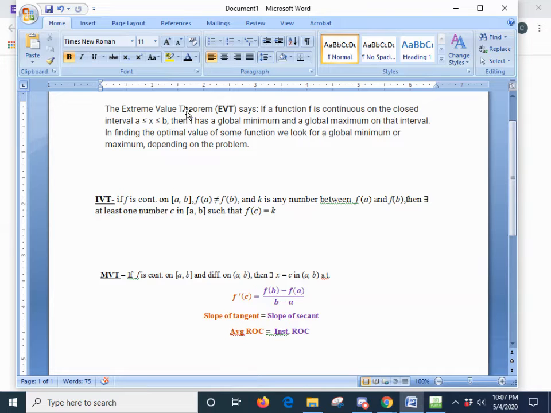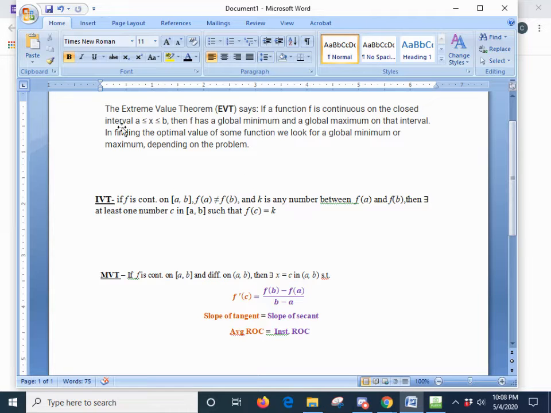The extreme value theorem says if a function is continuous on the closed interval a to b, then f has a global, and that's the same as absolute minimum, and a global maximum on that interval. In finding the optimal value of some function, we look for a global minimum or maximum depending on the problem.